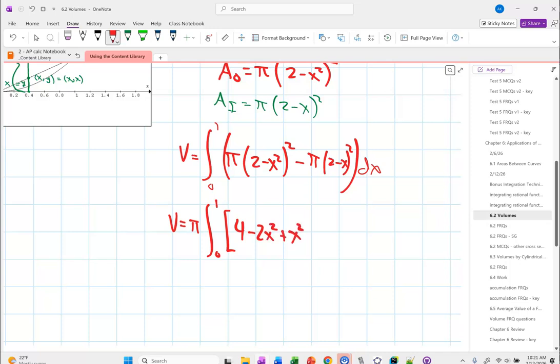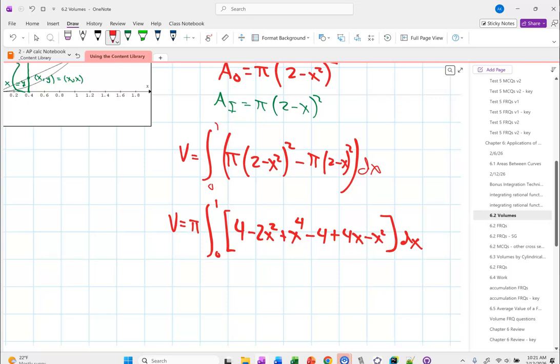And likewise, I'm going to FOIL this out. Oops, this is supposed to be to the 4th. That's better. Is everybody okay? I distributed the negative sign when I FOILed it out. That's why all the signs flipped.